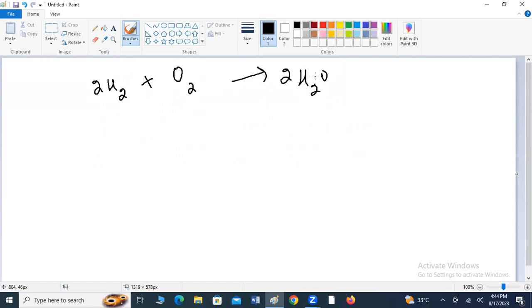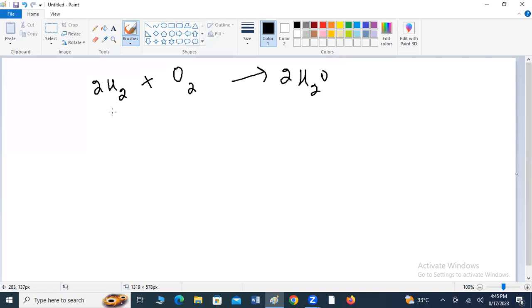So he says that 10 moles of hydrogen were used and 7 moles of oxygen were used and we got water. Now I will tell you the procedure of how we can identify the limiting reactant in a chemical reaction with the help of this example, okay?